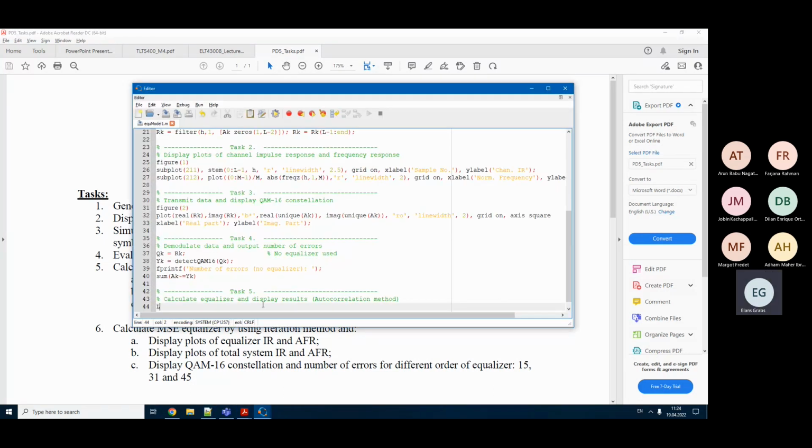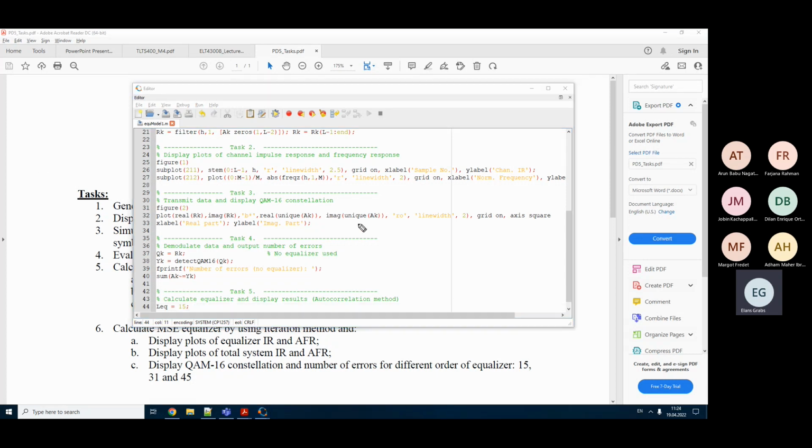So L equalizer is going to be starting with 15, the smaller number. During the calculations, we are going to rely on the central value of this equalizer impulse response. So in total, we have L equalizer, but we also need to know the number of this central one. So that is going to be L equalizer minus 1 divided by 2.